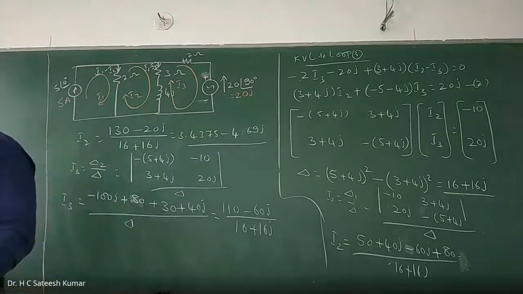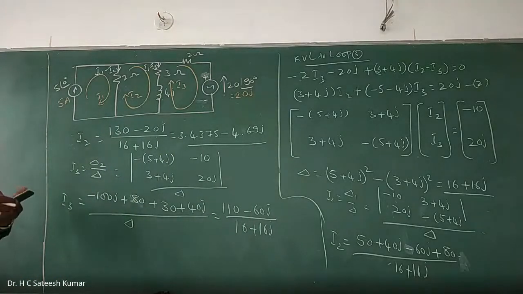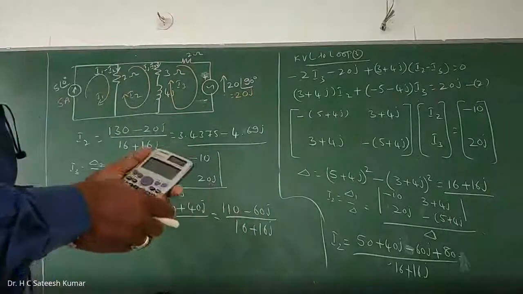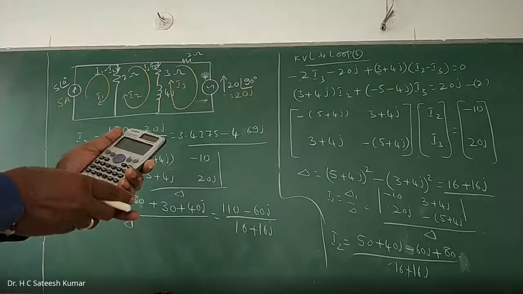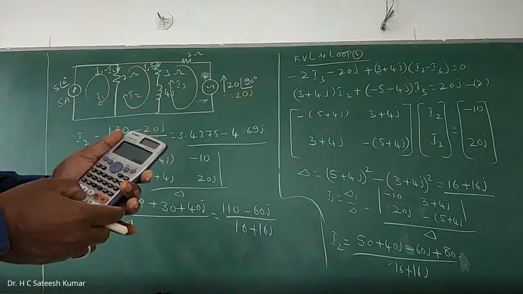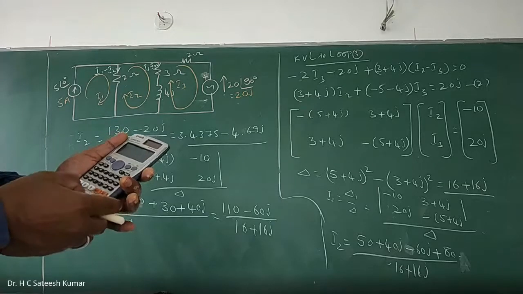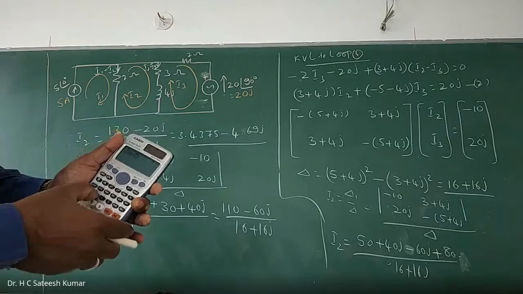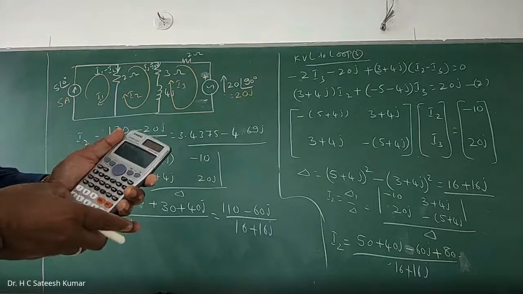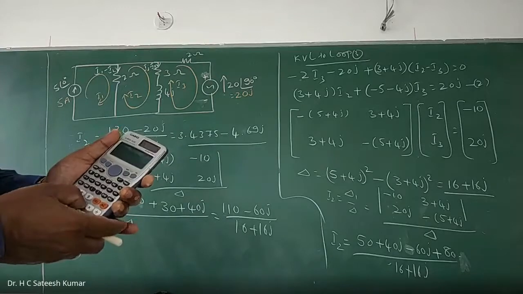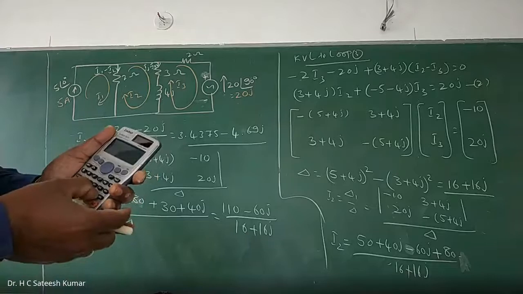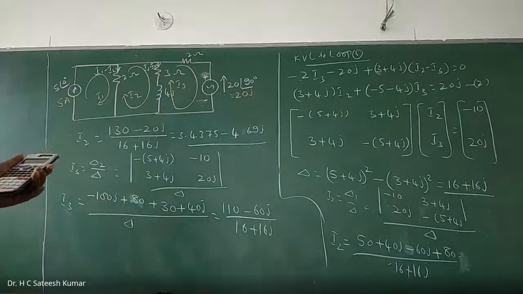Now use the calculator. Once again I'll show it the last time. That's all. Further, you should do it yourself. 110, complex mode is there, minus 60i, close the bracket, divided by open the bracket 16 plus 16i, close the bracket, equals, and S to D. 1.5625.